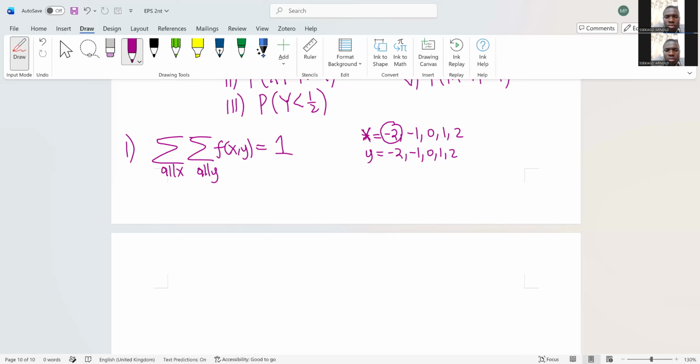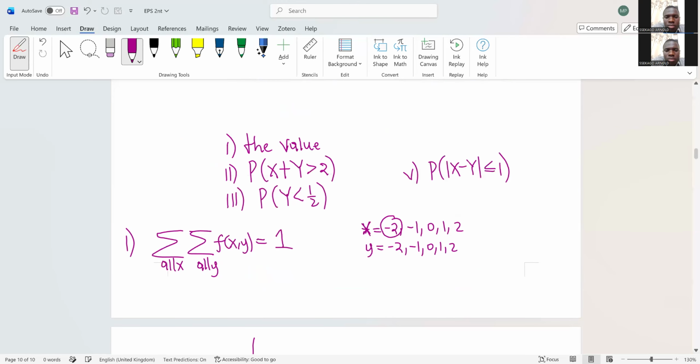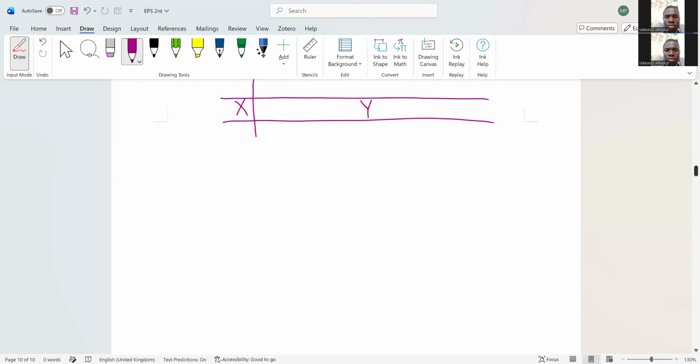So we have x and then there is also y. X is taking on values -2, -1, 0, 1, 2.